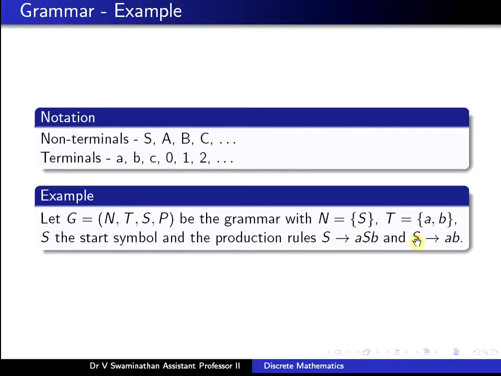Here both aSb and ab are strings, where aSb produces further strings and ab terminates. Let us see the language produced by this type of grammar after the formal definition of language.